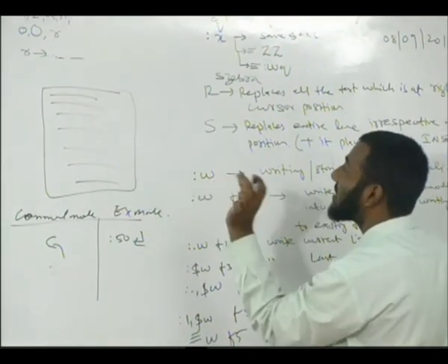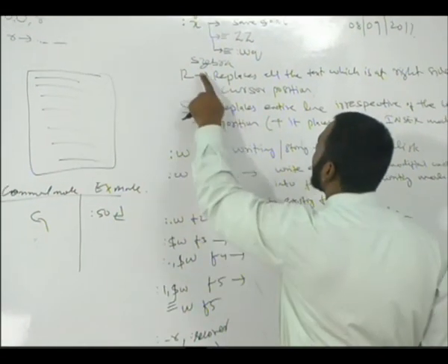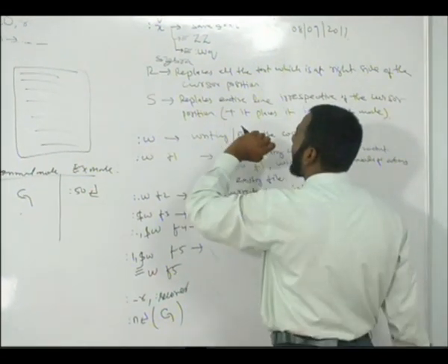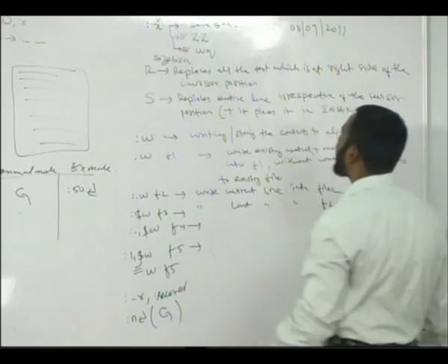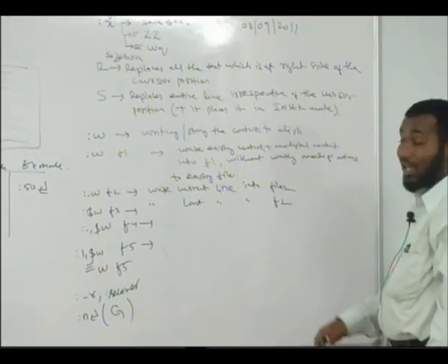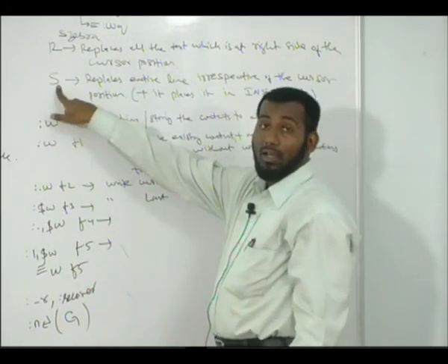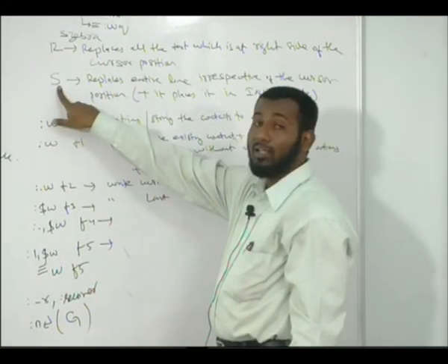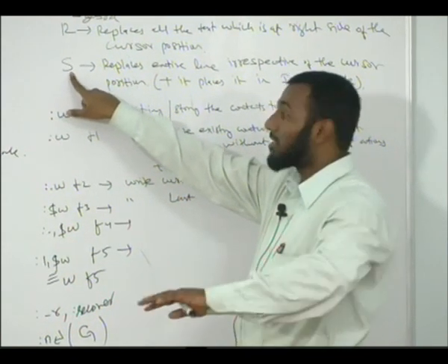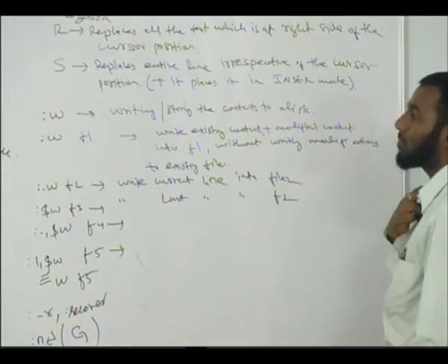But if I want to replace a single character with a word, then I can use s. Uppercase R is used for replacing all the text to the right of the cursor position, and uppercase S is used to replace the existing line itself, irrespective of the cursor position.